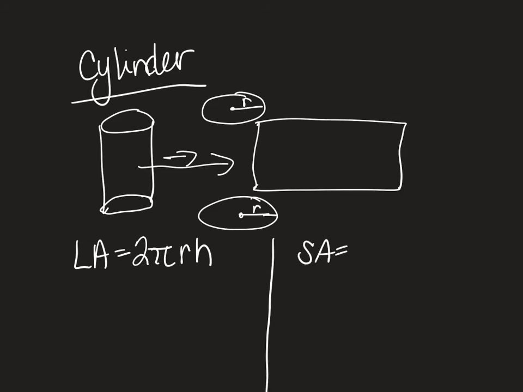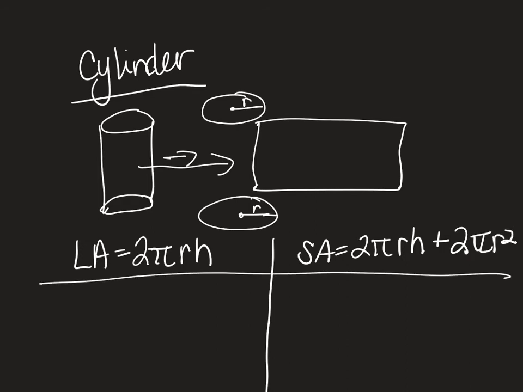Surface area is 2 times pi times radius times height plus 2 times pi times radius squared. That's your two formulas, okay? This is your lateral area and this is your surface area.